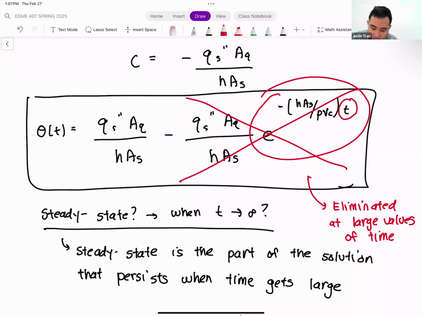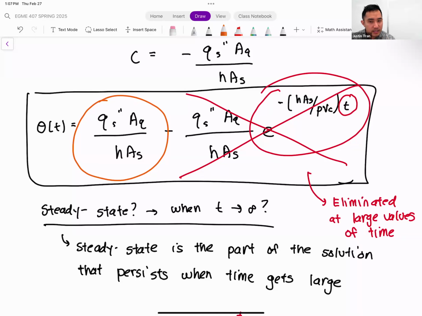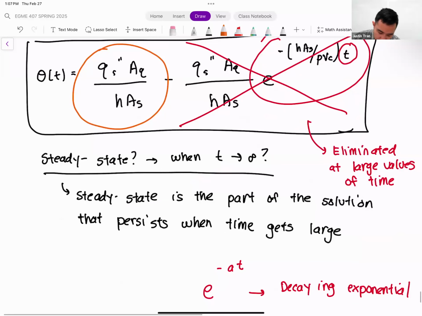And so in that case, we have kind of this balance here where eventually the amount of heat that's being gained from the flame is going to be equal to the amount of heat that's being lost by convection. And so in other words, we have a constant steady state temperature in this case.